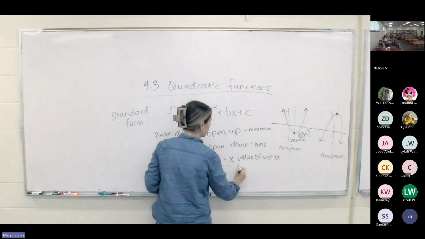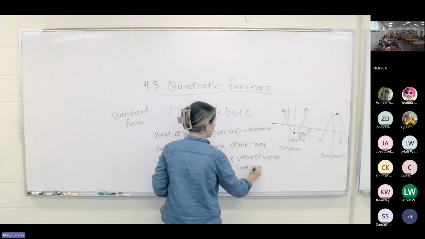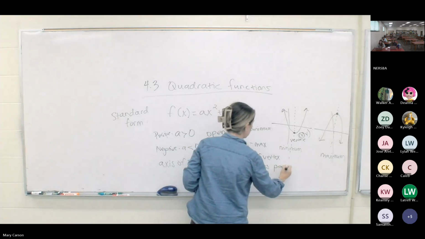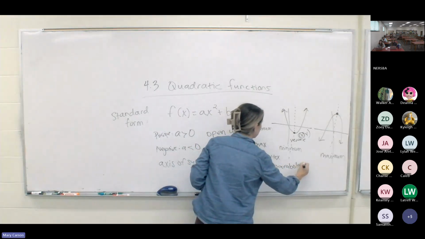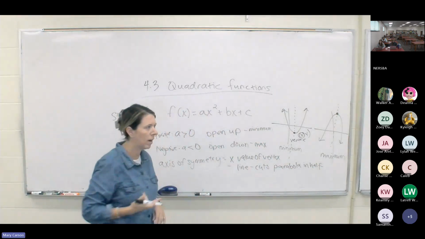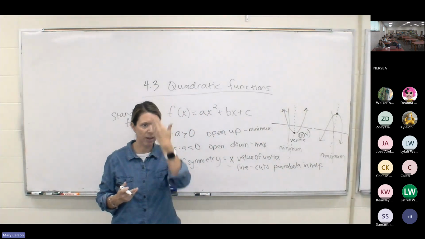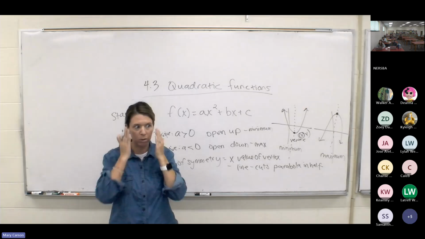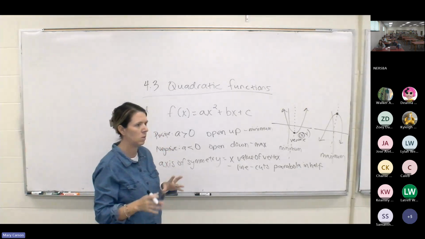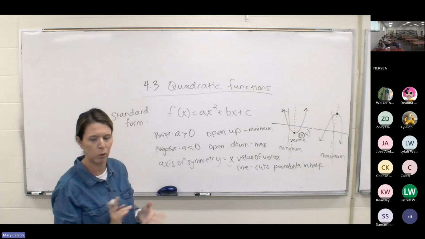It's a line. It cuts your parabola in half. Okay, think about symmetry, right? Think about cutting a line on your face, right? You could cut right in the middle, you have your eyes or whatever. We're not completely symmetrical, but for the most part.